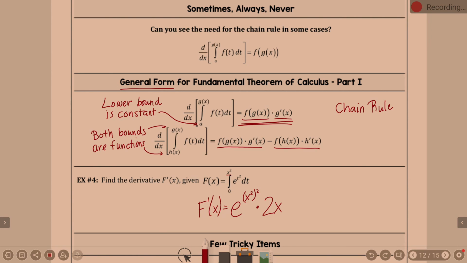That's your shortcuts there. Now, if I clean this up, 2x e to the, what's x squared squared? x to the 4th. A power raised to a power, officially you multiply there. I guess if you added, you got the same answer, but officially you should have multiplied. So that's an example of being able to use the fundamental theorem of calculus and not having to go through all the work there.